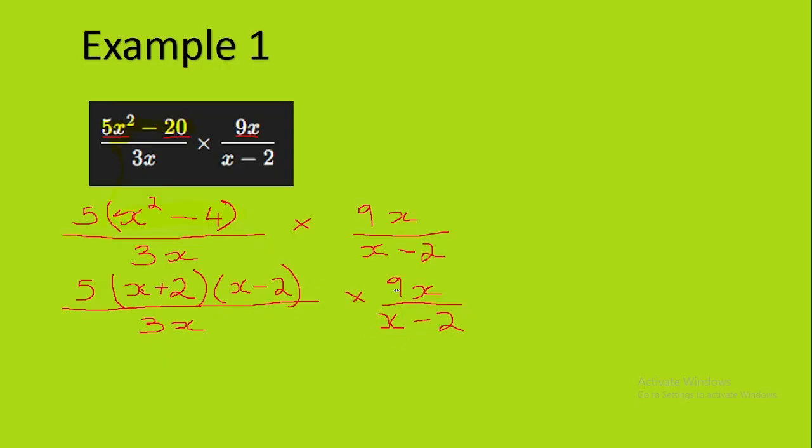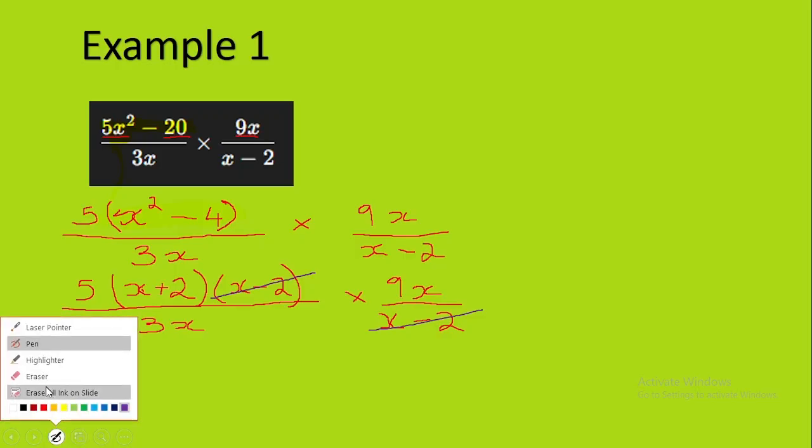Because we're multiplying these two fractions, if you look at the numerator of the first fraction, we have our x minus 2. Looking below on the denominator, we have x minus 2, so we can cancel both of these out because these factors are the same. So that's one factor that we cancel out.